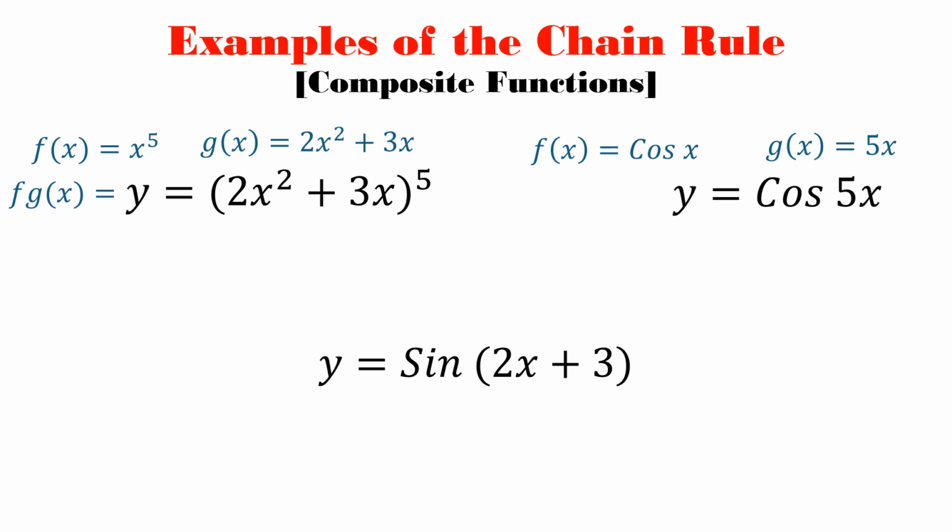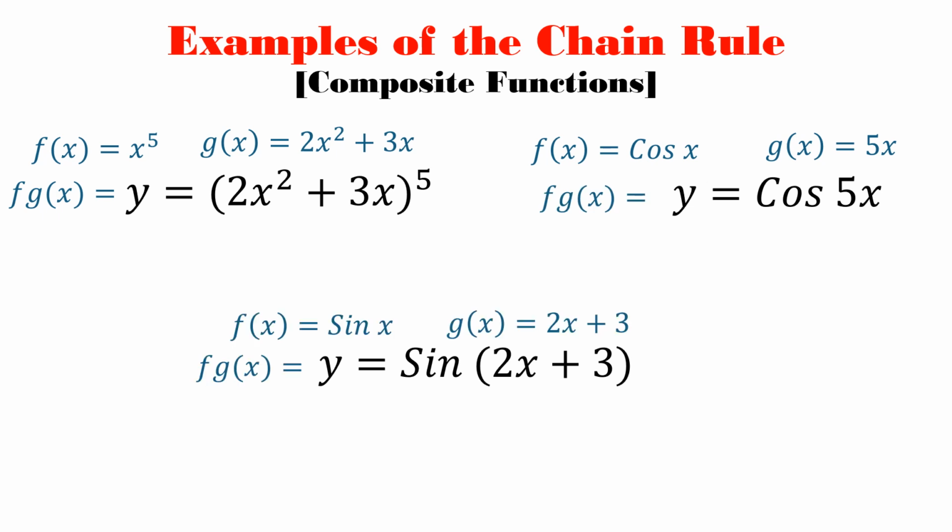Same here, f of x, g of x, and f after g of x. f of x, g of x, and f after g of x. So we're going to use that idea and go a little bit deeper into it, and really focus on the formula of the chain rule and then how we can use that for integration. So not just basic examples like we had at the start of the video.